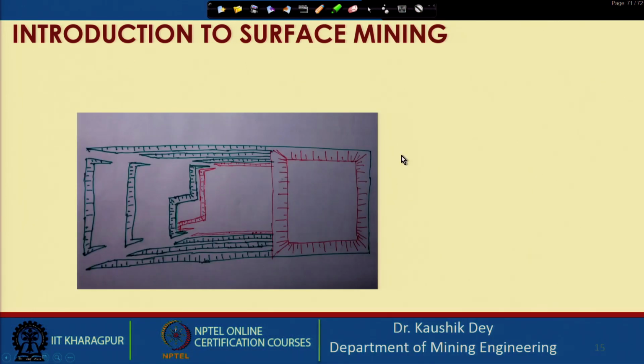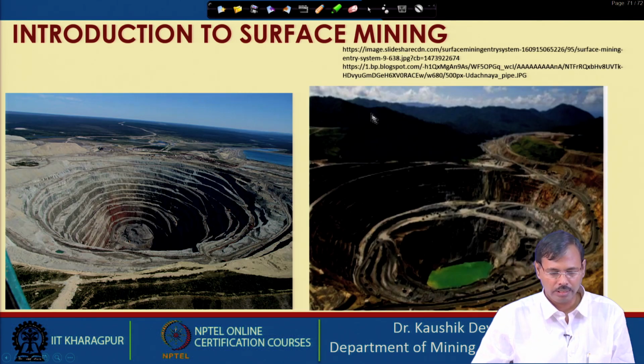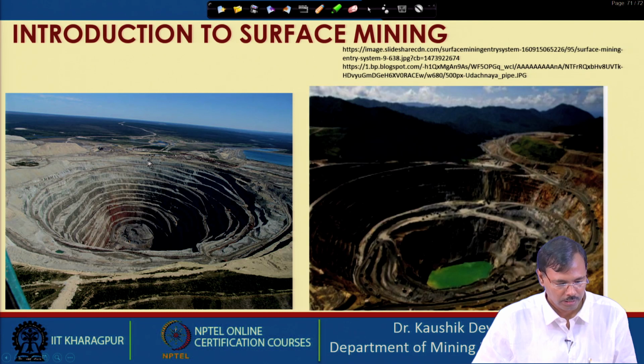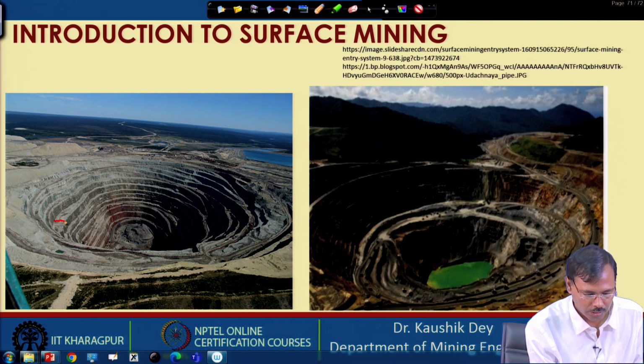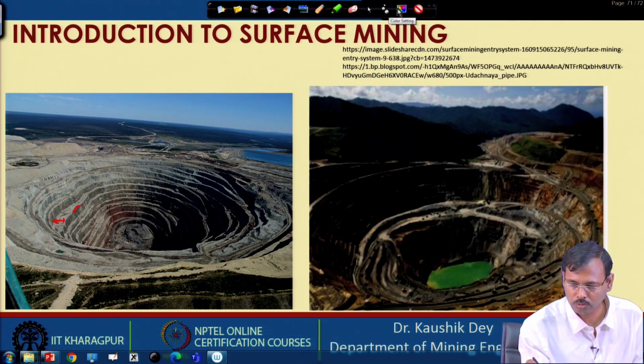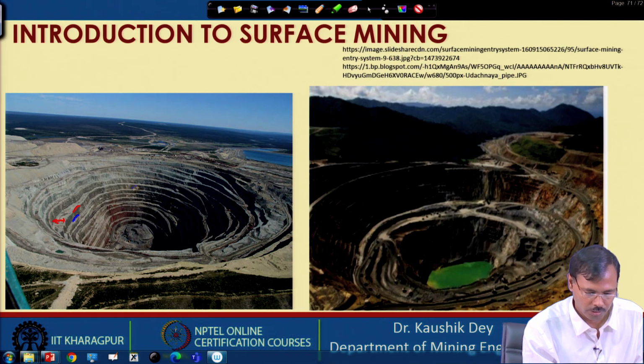So, this is another layout, and if you look into this, you can see these are the circular pits. You can see these are the benches. You can see this is the bench, this is the crest line, this is the toe line.